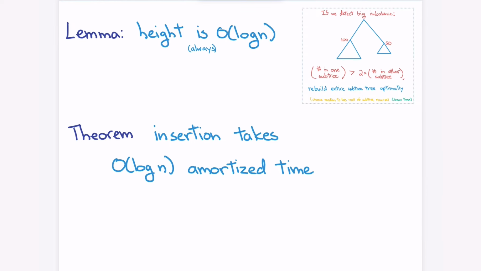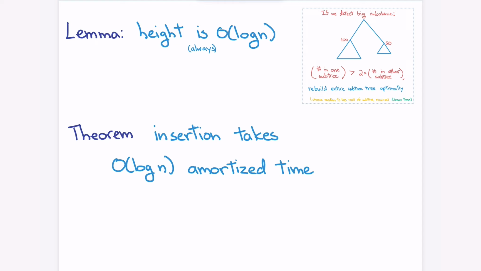Here are our two lemmas, or two things we're going to prove. One is that the height is always about log n. As long as the height is log n, then your lookup operations, like looking for a key, will take time proportional to log n. That's great. So all the read kind of operations are okay.